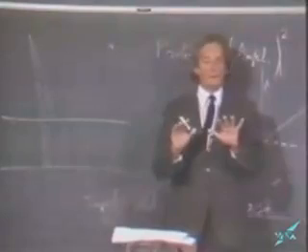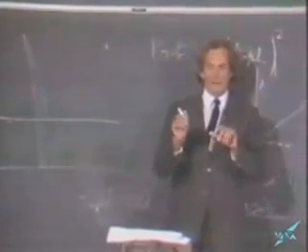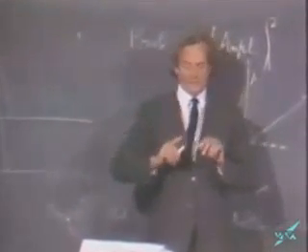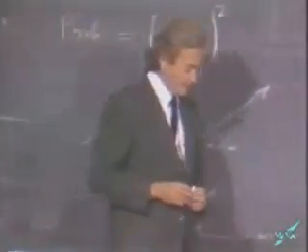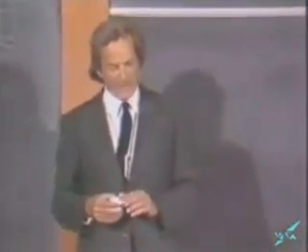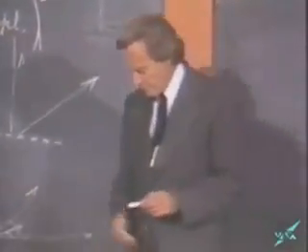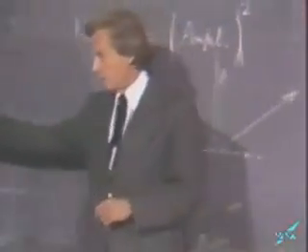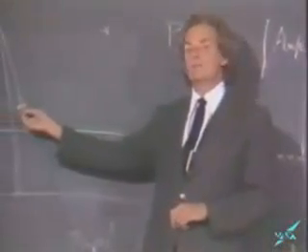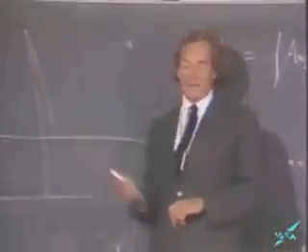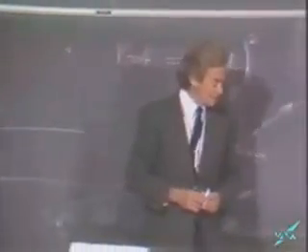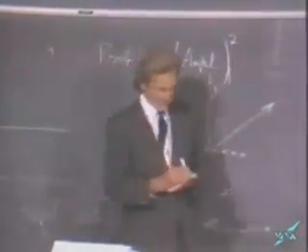When an amplitude for an event changes with time by simply rotating, not changing its length, but by changing its angle, it corresponds in the real world, the ordinary world you're used to, to a situation in which the energy of the system is definite. And what we've been talking about before were situations in which the color of the photon, the energy of the photon, was definite. And in those situations, the amplitude is turning around in time. This is, in fact, a result of the source.